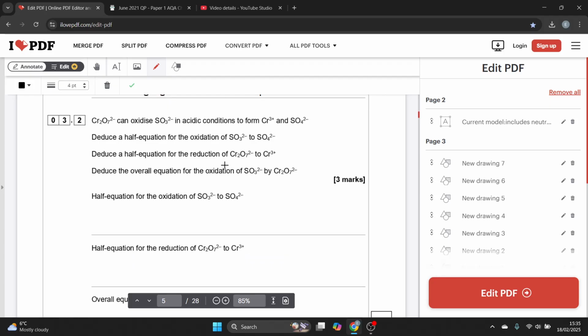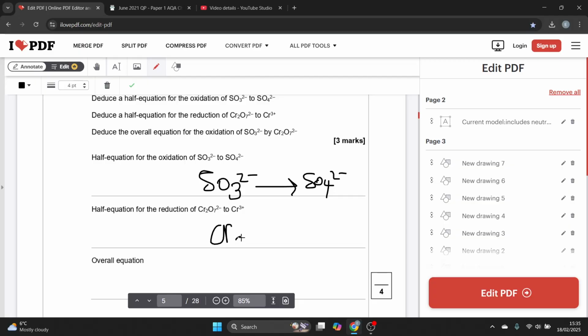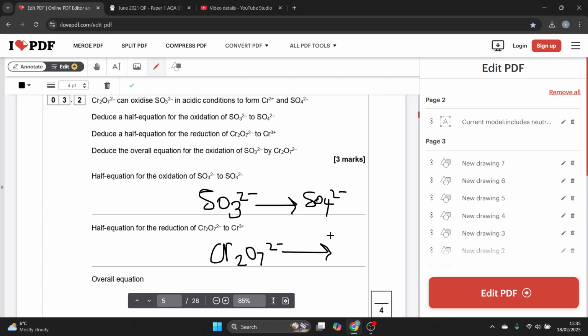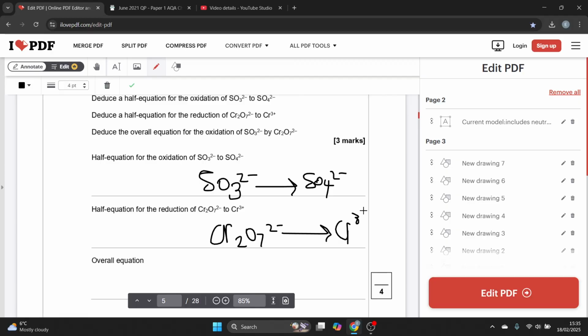Use the half equation for the oxidation of SO3 2 minus to SO4 2 minus, the half equation for reduction to Cr3 plus ion, and then the overall equation.